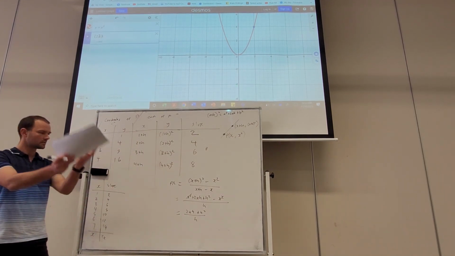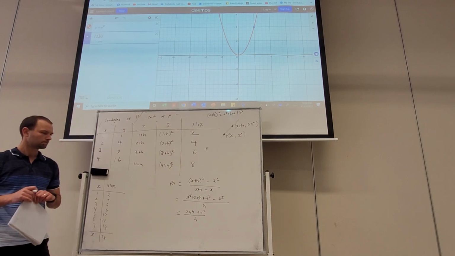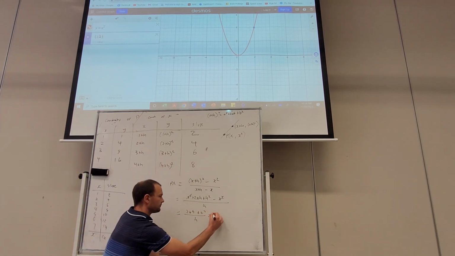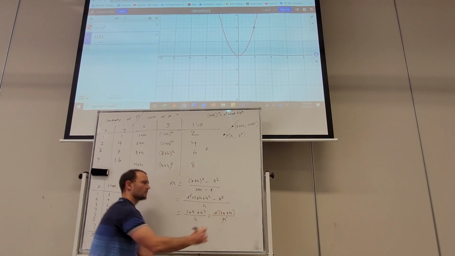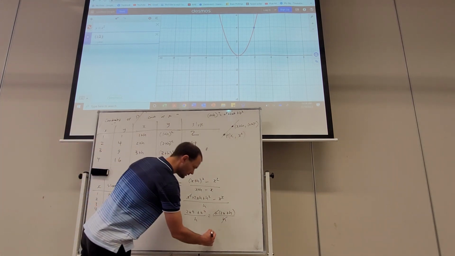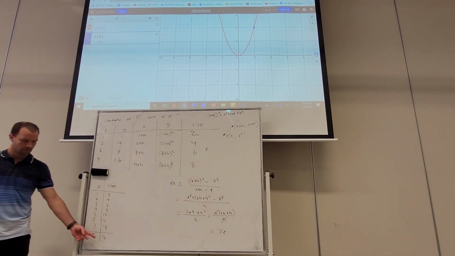H is common, so we can factorise it, and cancel, because it's at the bottom and top. H is approaching 0. What are we left with? 2x.